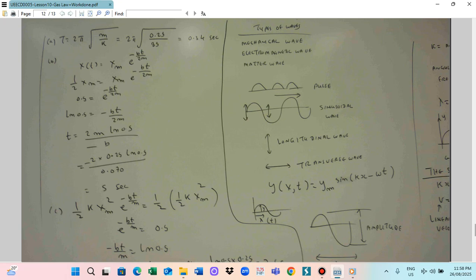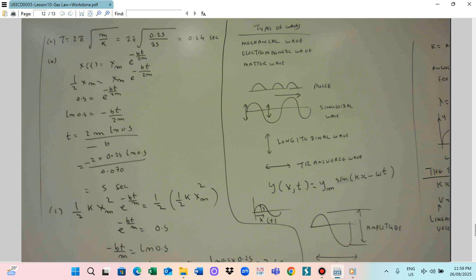So we have to calculate t. On both sides we can take the log. This is 0.5, equal to e to the power of minus bt divided by 2m. So ln 0.5 equals minus bt divided by 2m. So t can be calculated: t is equal to 2m ln 0.5 divided by minus b.